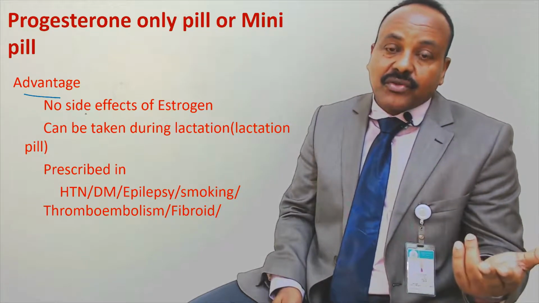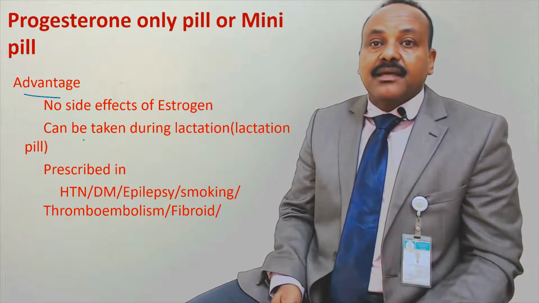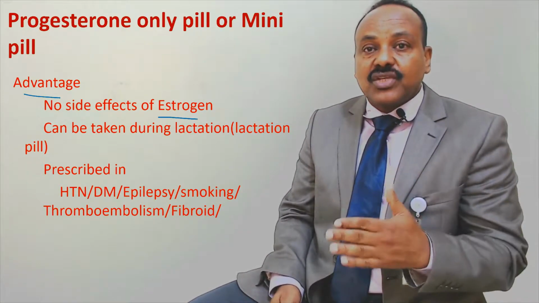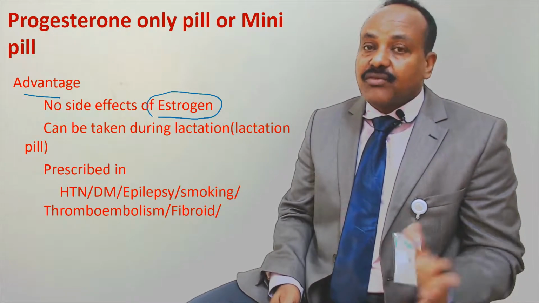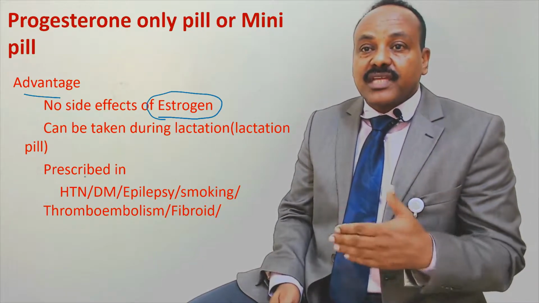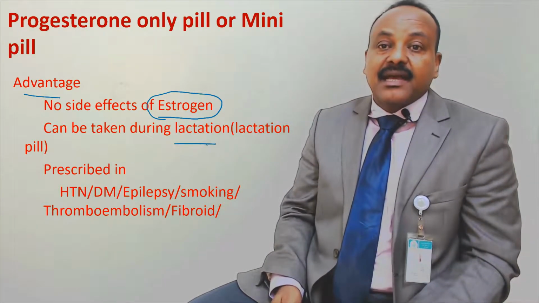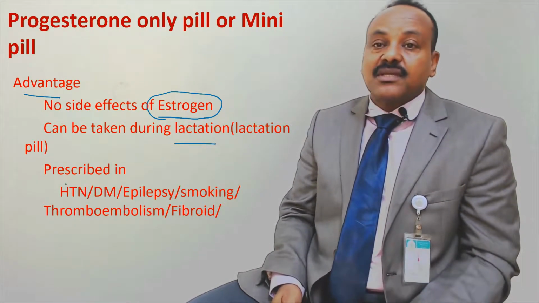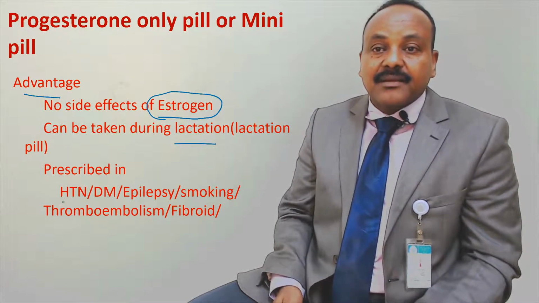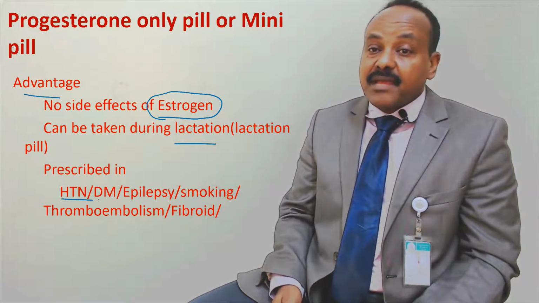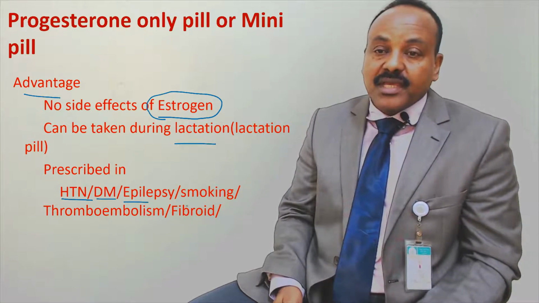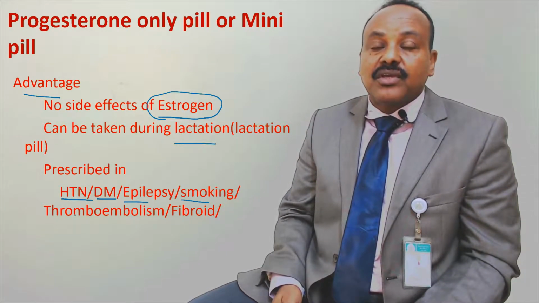Here, progesterone only, so any disadvantages of using estrogen are avoided. So advantages: no side effect of estrogen, it can be taken during lactation, and this progesterone-only pill can be prescribed in hypertension, diabetes, epilepsy, smoking, thromboembolism, and in fibroid.